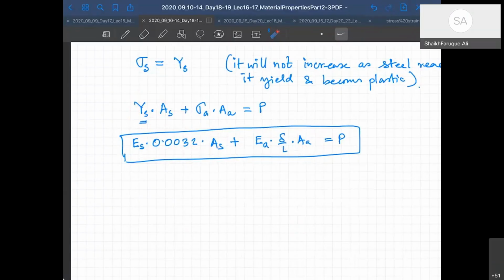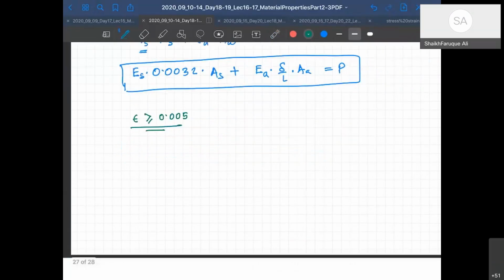Now, if you go beyond this point, so your strain is beyond 0.005, in that case what will happen? Both will reach their capacity. So it will become ES into AS plus EA into 0.005 into AA equal to P.